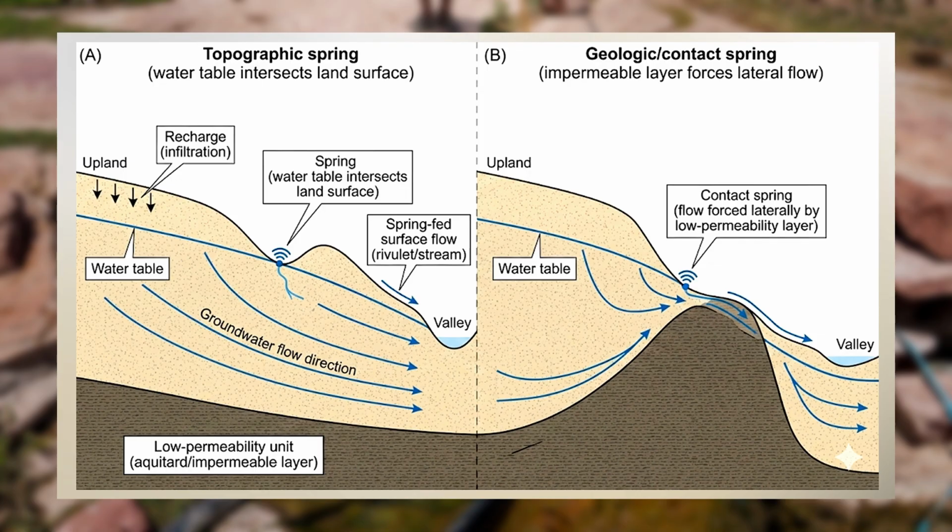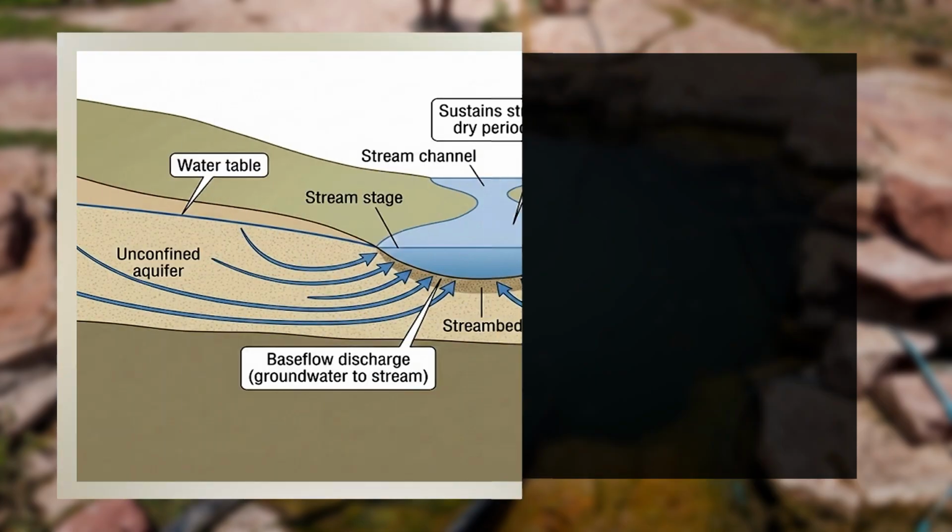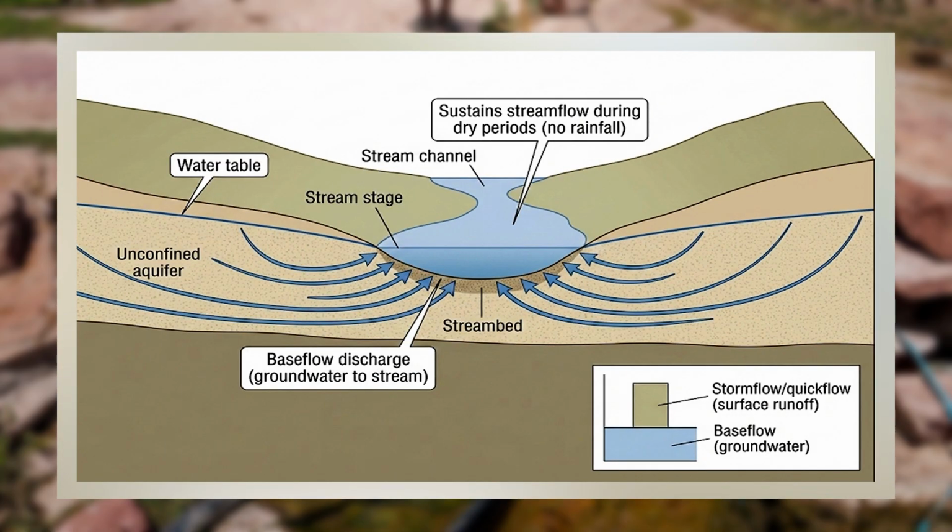This phenomenon can occur due to the landscape, that is, a dip in the terrain falls below the water table, or geological factors like an impermeable rock layer compels water to move sideways until it surfaces. Discharge can also occur through base flow.